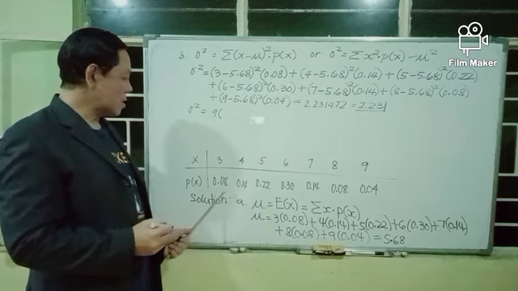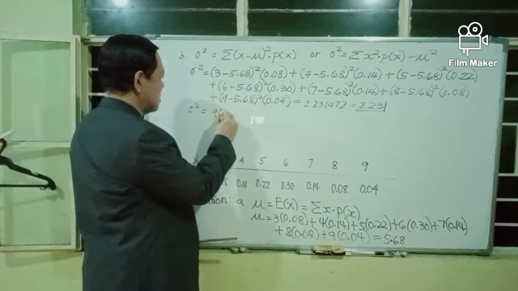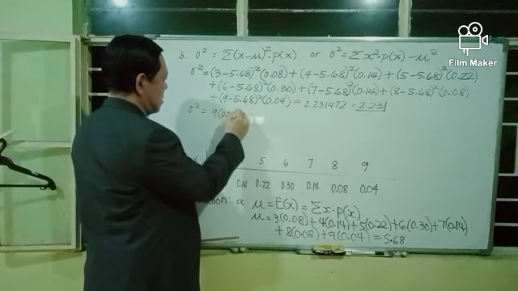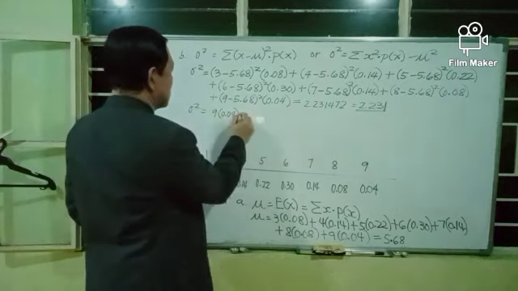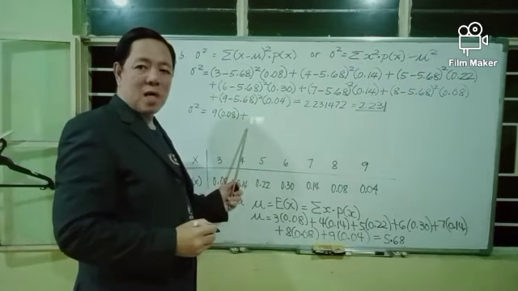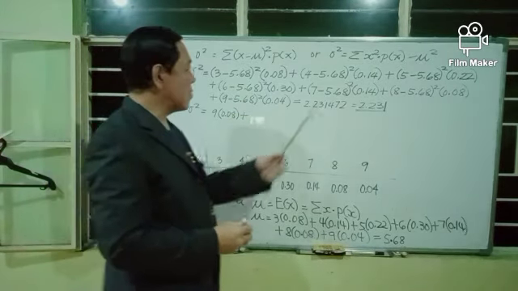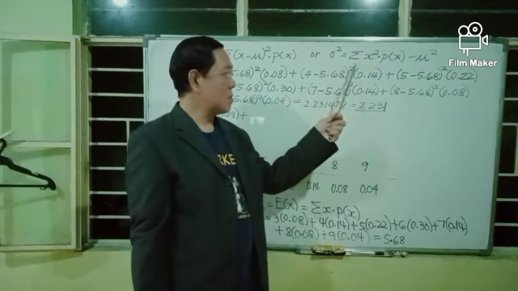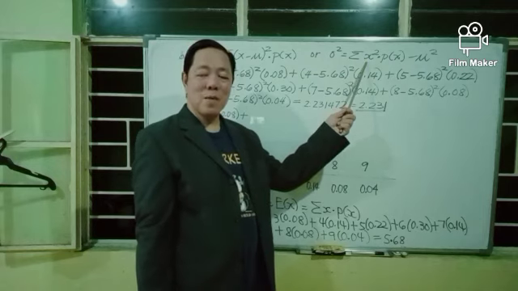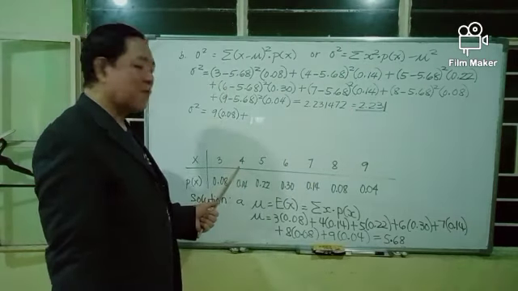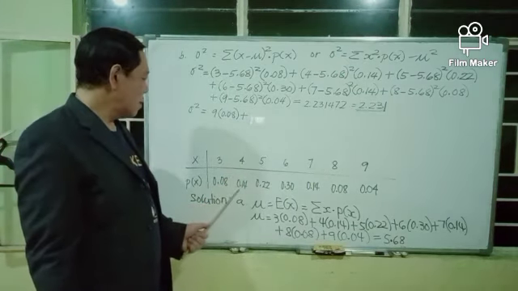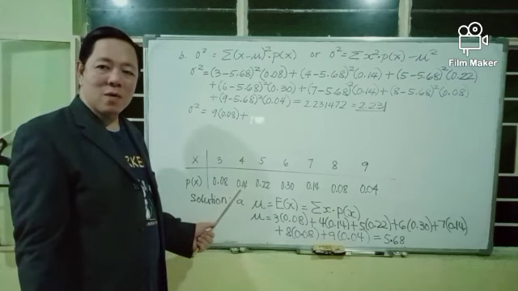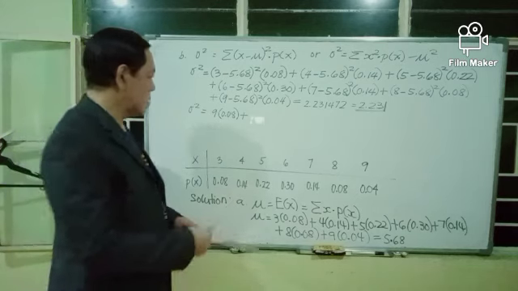The probability of x equals 3 is 0.08. Plus, we use plus because the operation indicated by the sigma notation for summation is addition. The square of the second value of x, 4, is 16, multiplied by the probability of x equals 4, which is 0.14.